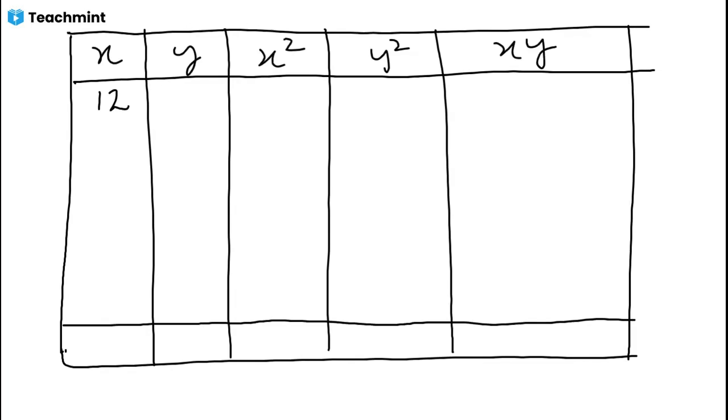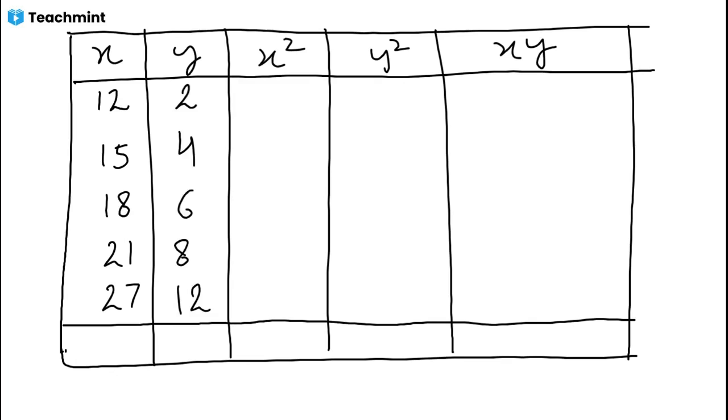So x values are 12, 15, 18, 21, 27, and y values are 2, 4, 6, 8, 12.